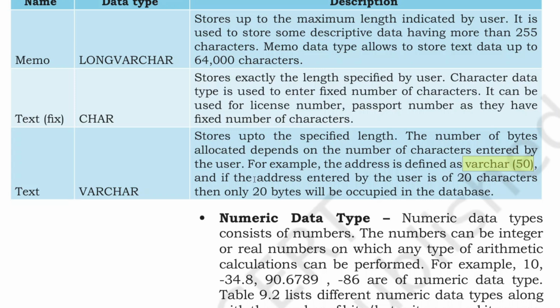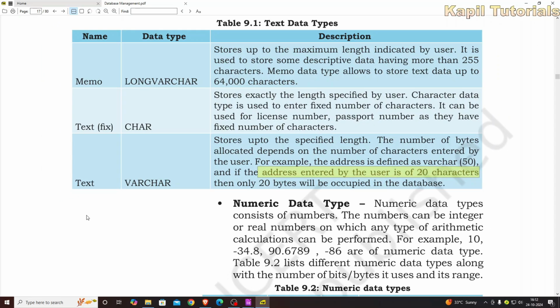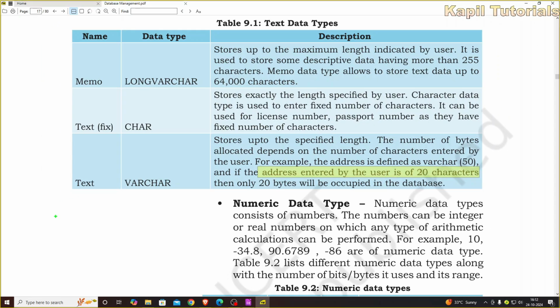But while using it, the address entered by the user is up to 20 characters. I'll give you the example. Suppose varchar 50 is set so that it could take 50 characters. But while entering the data, suppose I have only entered A, B, C. That means only 3 characters it has taken.